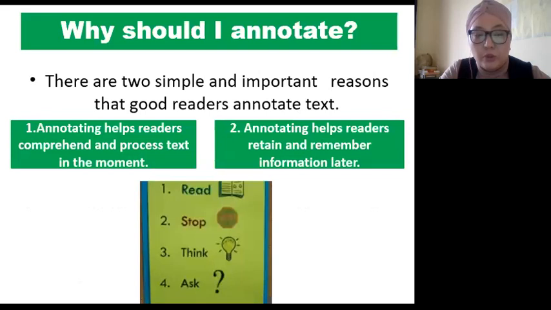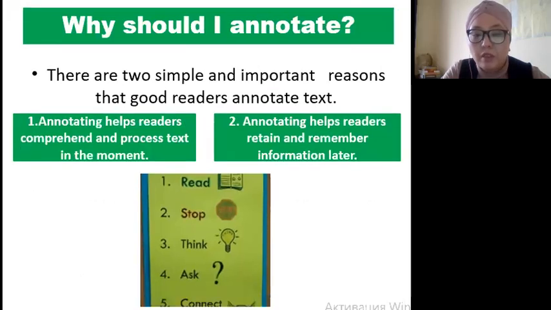There are two simple and important reasons that good readers annotate text. First, it helps readers to comprehend and process text in the moment, and also helps to retain and remember information later.